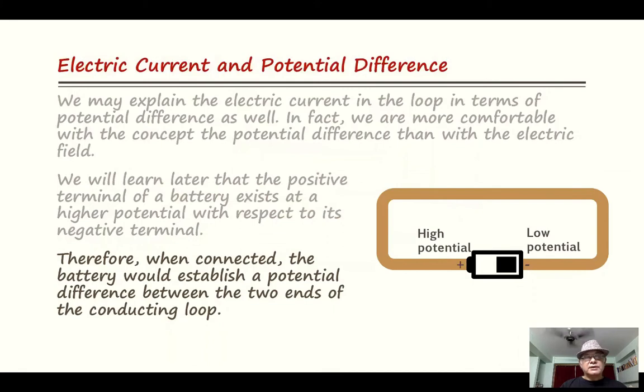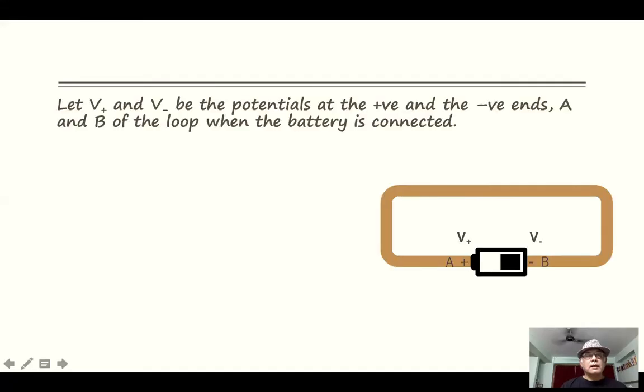Therefore, when connected, the battery would establish a potential difference between the two ends of a conducting loop. Let V+ and V-, be the potential at the positive and the negative ends, A and B of the loop, when the battery is connected.